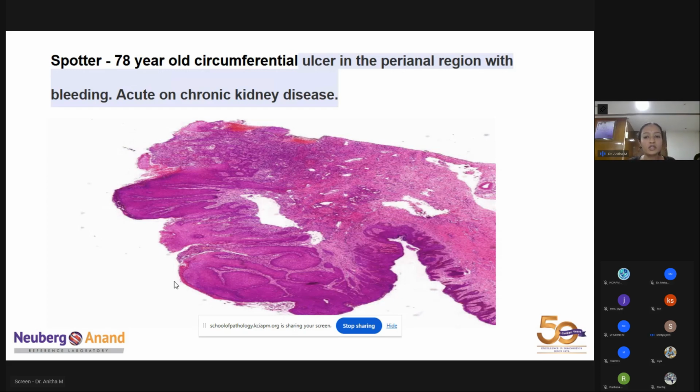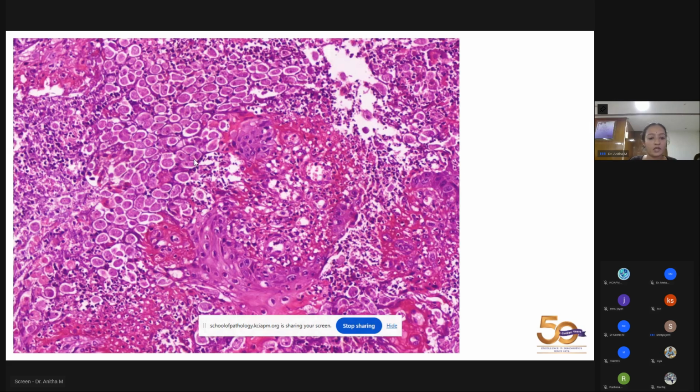78-year-old, circumferential ulcer in perineal region with bleeding, acute on chronic kidney disease. What are these cells? Can you see the slide?